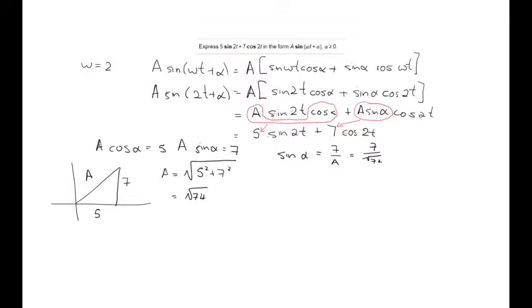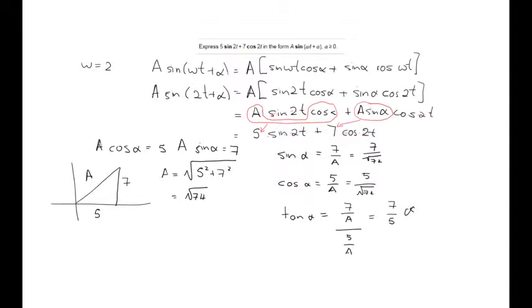And we know that cos alpha is equal to 5 over a, which is 5 over root 74. And then using both of those together, we could say that tan alpha is equal to 7 over a over 5 over a, because you remember that tan is equal to sine over cos, and that gives us that tan alpha is equal to 7 over 5, which allows us to find alpha.